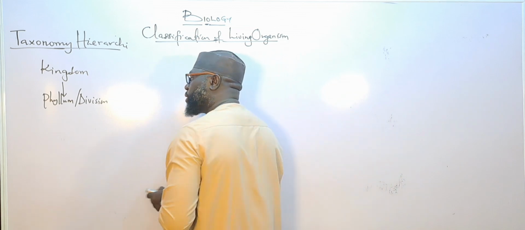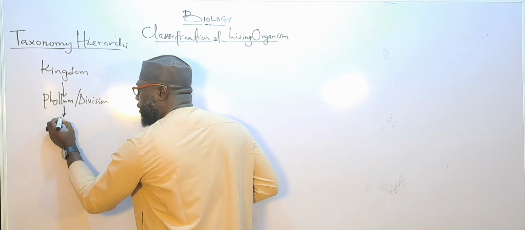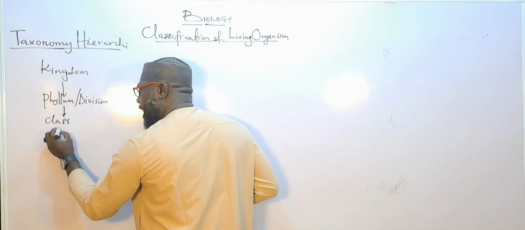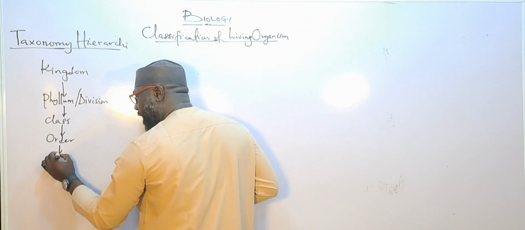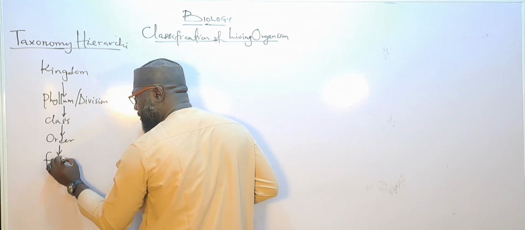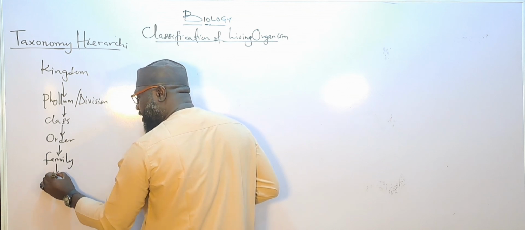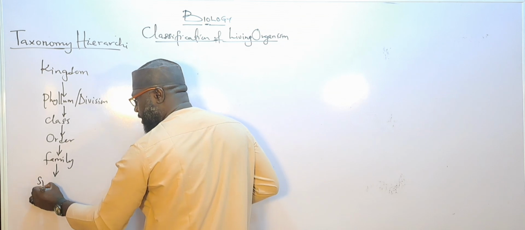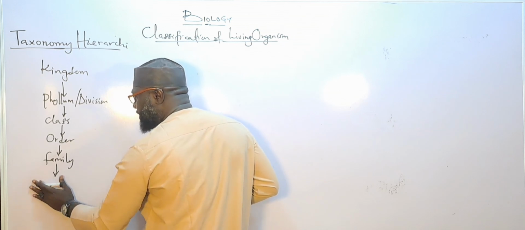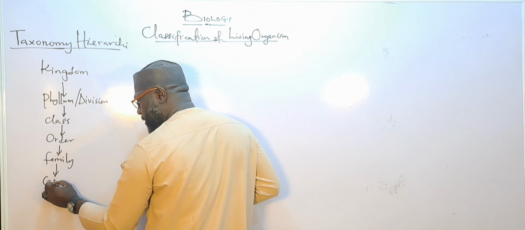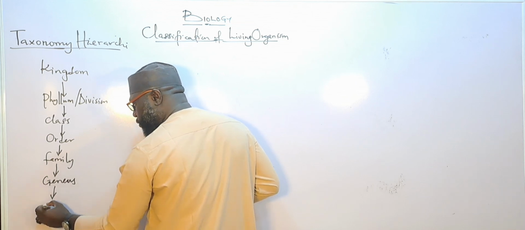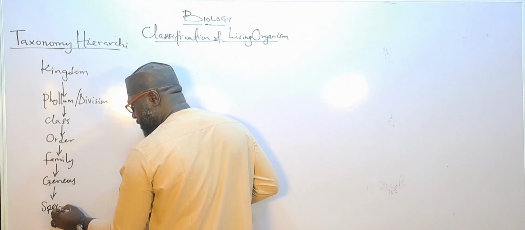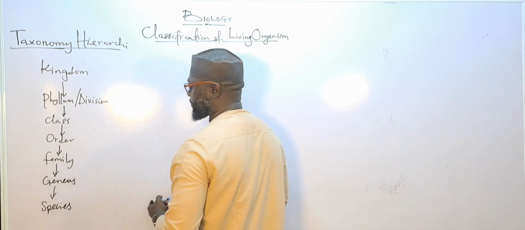After phylum, we have class. After class, we have order. After order, we have family. After family, we have genus. After genus, we have species.